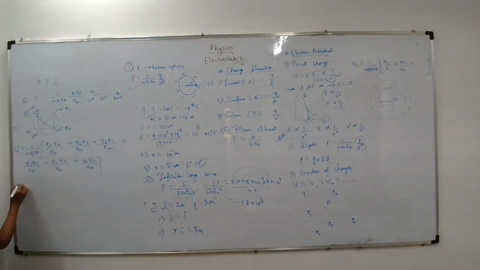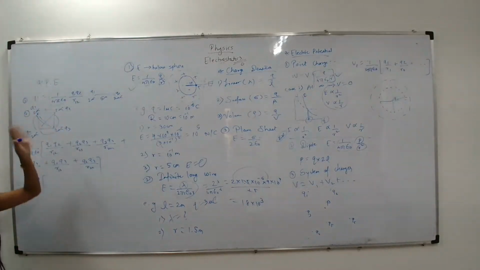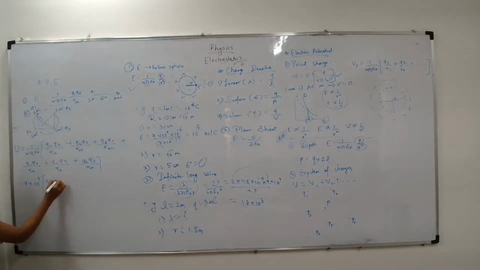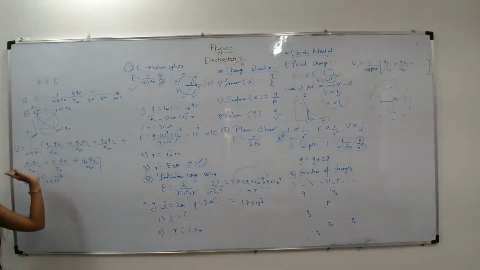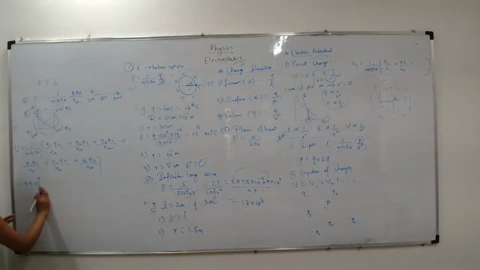This is 9 × 10^9. Q1 times Q2 is 2 × 10^-6 times 2 × 10^-6. Everywhere it is the same, so we can take out 4 × 10^-12 outside. Distance matters here.